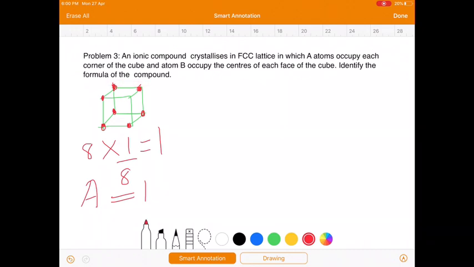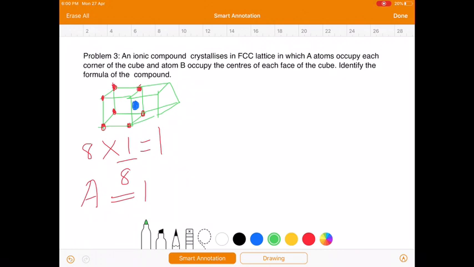Now the particle B occupies the faces. We'll take a different color. I am marking this face. At the center there is a particle. I am taking only this particular face because it will be confusing. And the face will be in contact with another face, which can be drawn like this.